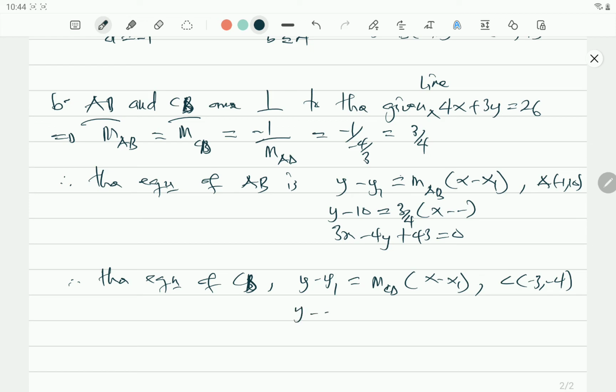So finally we have y minus 4 is equal to 3 over 4 times (x minus 3), and that is going to be finally 3x minus 4y minus 7 equal to 0. Yep, so that ends the solution for this question. See you another time.